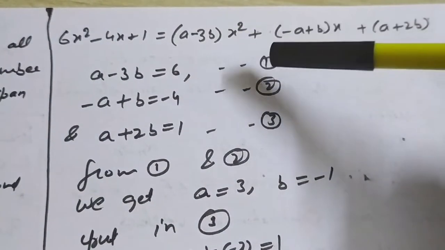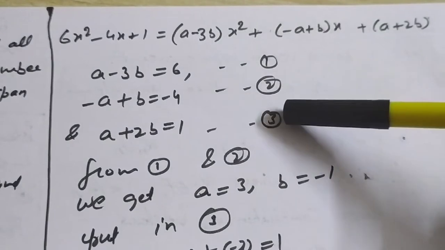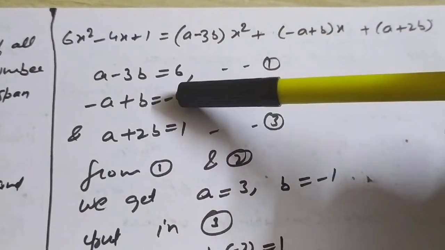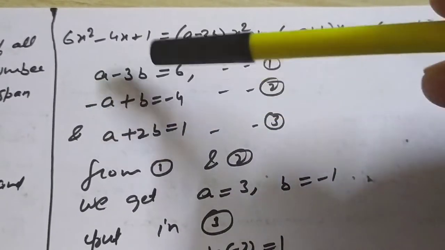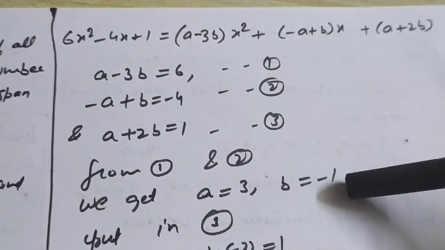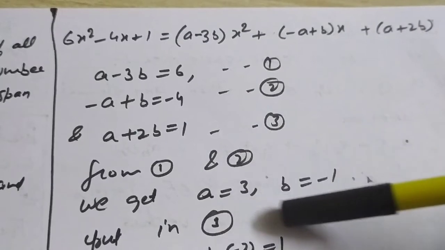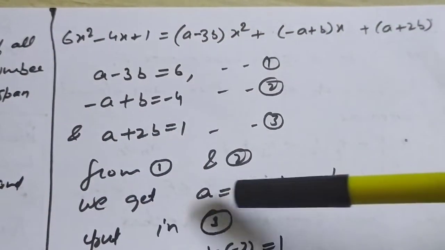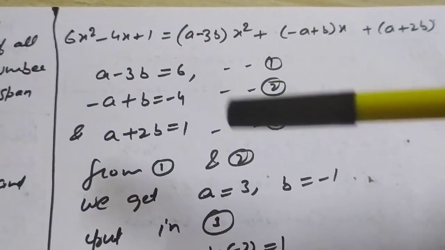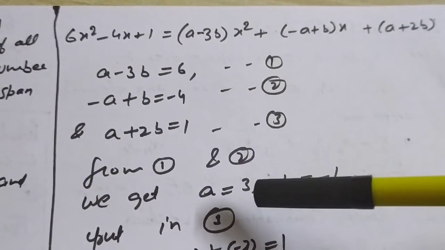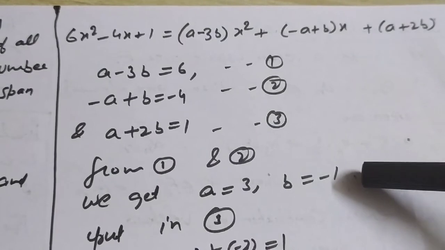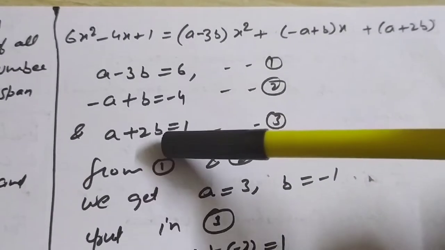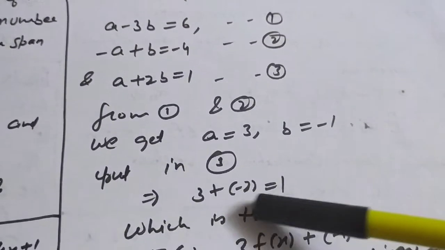Now you have three equations, 1, 2 and 3. From the first two equations, when you add them, you will get the value of b as minus 1, and when you put the value of b as minus 1 in one of the equations, you will get the value of a as 3. So from the first and second you got the value of a as 3 and b as minus 1. When you substitute these two values in the third equation, it gets satisfied.